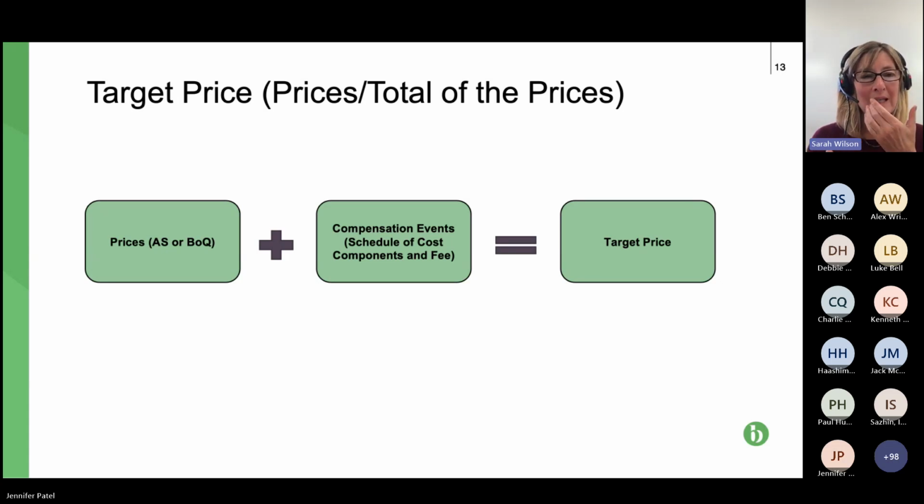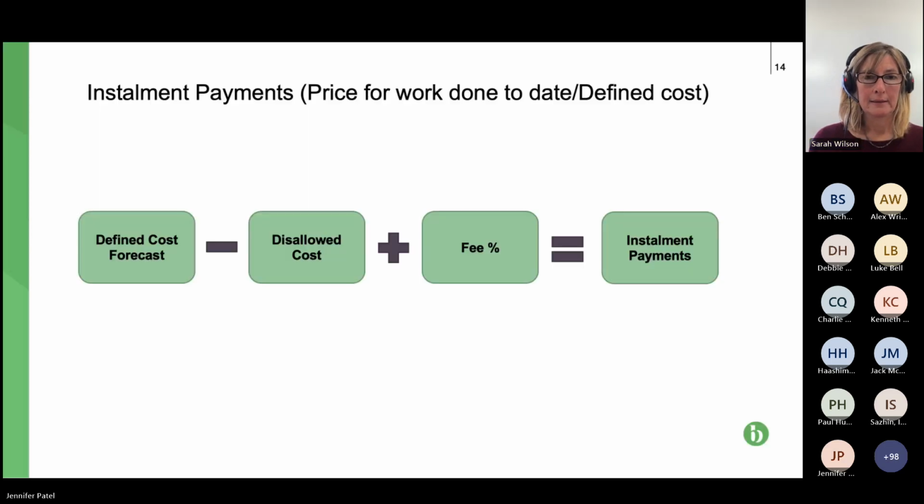So we've seen this, but the prices are the activity schedule, a bill of quantities, add on, next box, compensation events. They're costed through the schedule of cost components, and you get your fee percentage for compensation events. That gets you your target price, or the prices, stroke, total of the prices at the end of the project. So that's your adjusted target price effectively. Next slide, please.